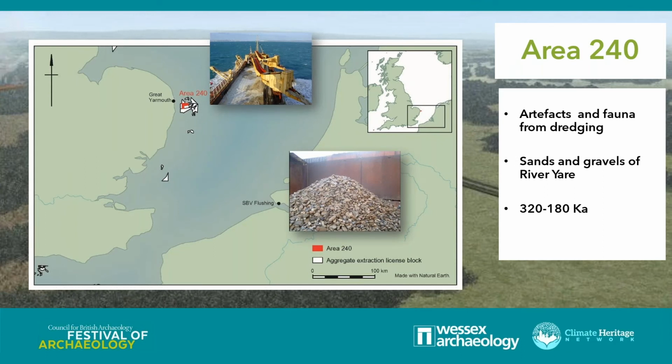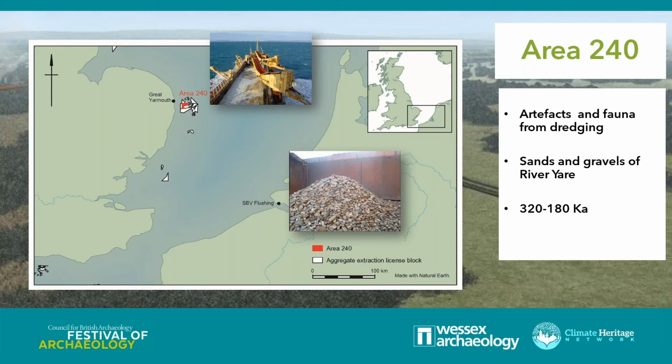So, just a little bit of information on these two areas. Area 240 is a dredging area off the coast of Great Yarmouth, and from dredging activity this produced artifacts, so stone tools, as well as animal remains, so faunal material. The deposits here have been shown to be part of the sands and gravels, fluvial riverine deposits of the Paleo River Yare, and they've been dated to the period between about 320 and 180,000 years ago.